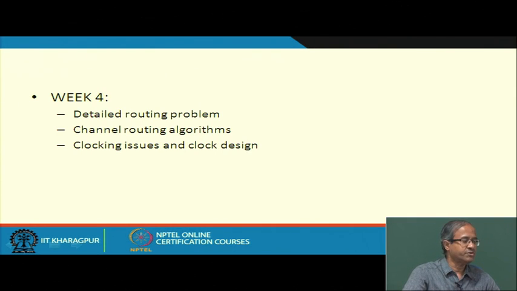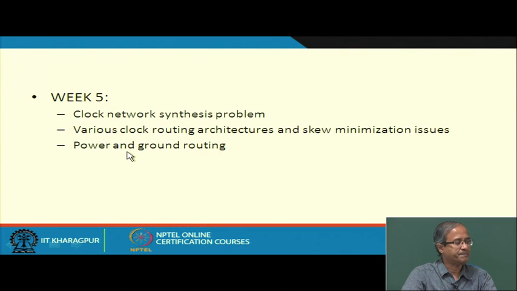During the fourth week we looked at the detailed routing problem and the various solutions, in particular the channel routing algorithms were discussed, and then we started our discussion on the very important issue of clock design and the various timing issues that come therein.